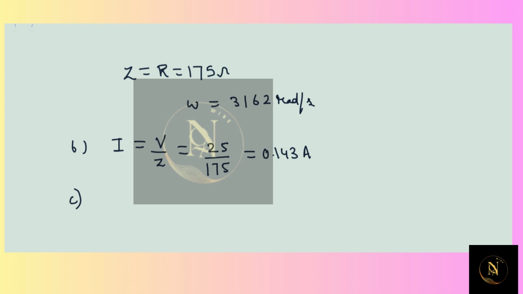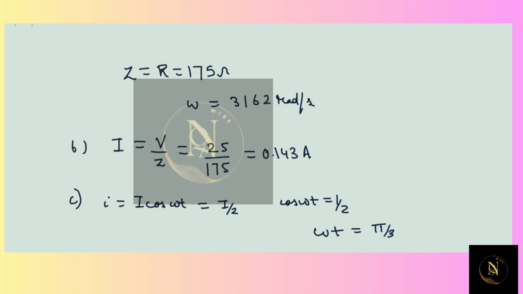Now we go to the C part. We have i equals I cos omega t, which is equal to I over 2. This is the condition given. So we have cos omega t equals half. We need to find the time, so we have omega t equals pi over 3, because this is the only condition which satisfies it here.